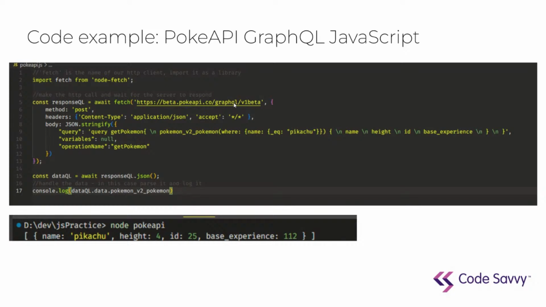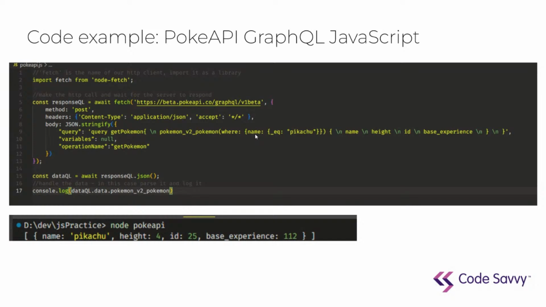If you'll notice, the URL doesn't have any extra endpoints on it. There's no /Pokemon here, but we are going to do a post and then send in our query in the body of the request. The last request was a GET, and GET requests don't have bodies. This is a post, so that's why it does have a body. But I am going to ask for the name of the Pokemon.